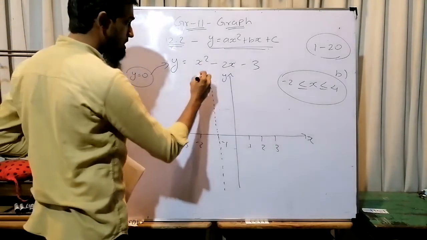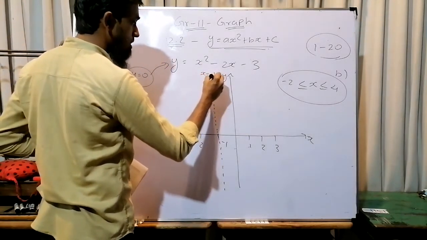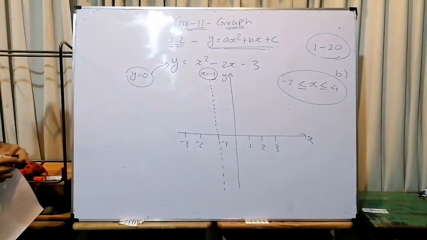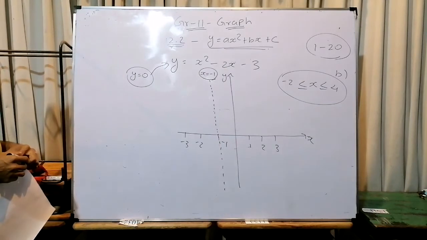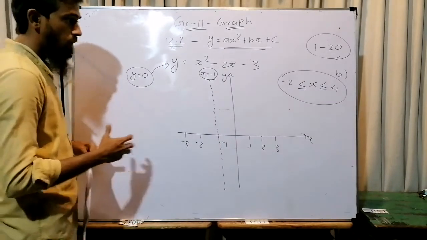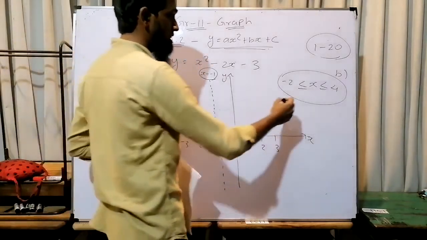So the equation is x equal -1. We studied this in grade 10. Okay, x equal -1. So what is the range? How do we write the range like this?